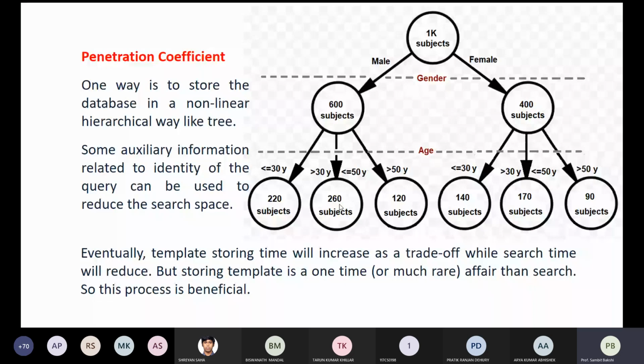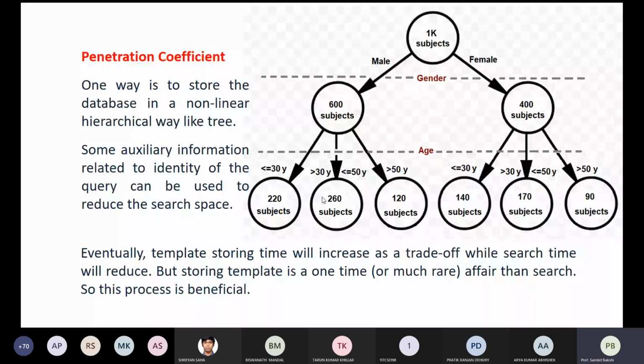So if I have this kind of structure, what was the worst case, the previous case of identification? I was looking for the person within a pool of 1,000 people, so I was doing 1,000 1:1 matchings. Now if I have information that the person is male and has age between 30 to 50, I will only search 260 subjects.